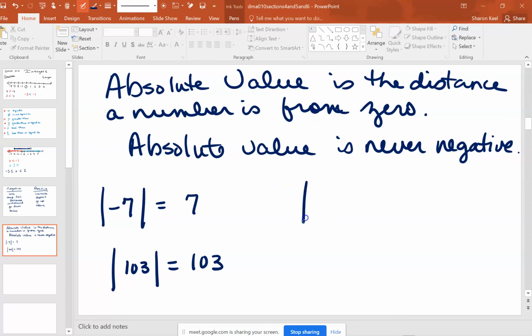What's the absolute value of 19? 19 would be 19 places from zero. What's the absolute value of -74? It would be 74 places from zero. So absolute value is never negative. It's wanting to know what distance the number is from zero.